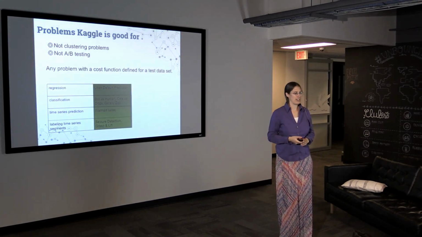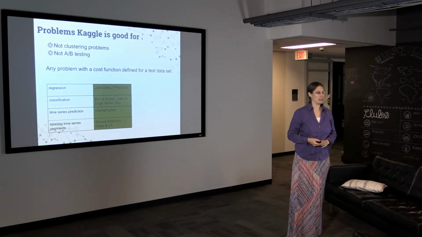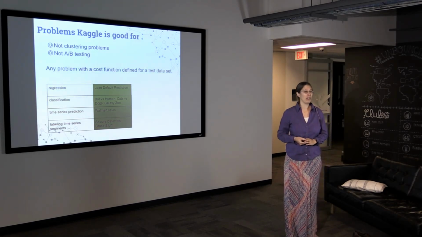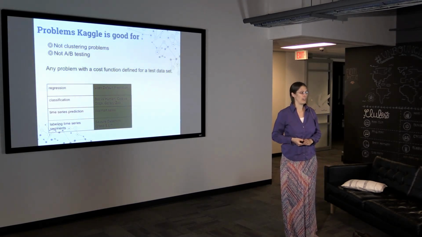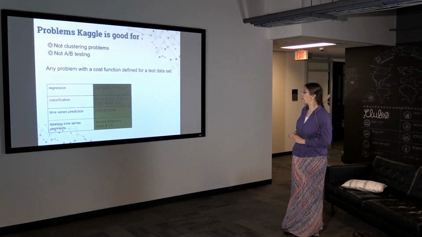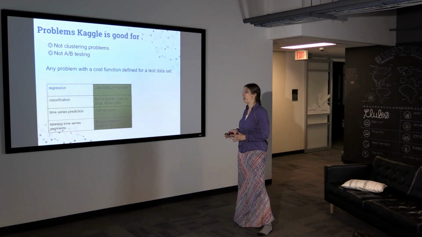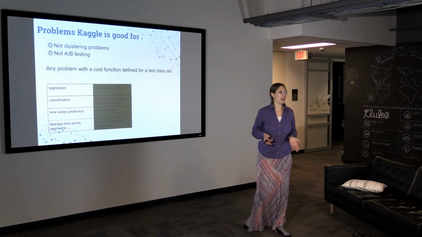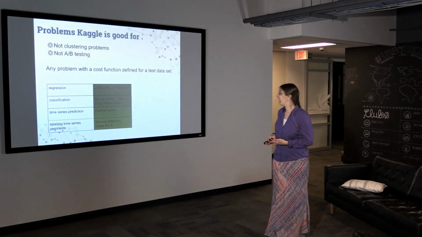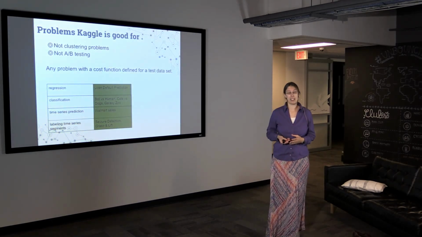That's A/B testing. But Kaggle doesn't help you do that. It's really only for problems where you have to make a prediction and there's a way to see if the prediction is true. So the problems that Kaggle is good for are regression problems, classification problems, predicting elements in a time series, and labeling segments in a time series.